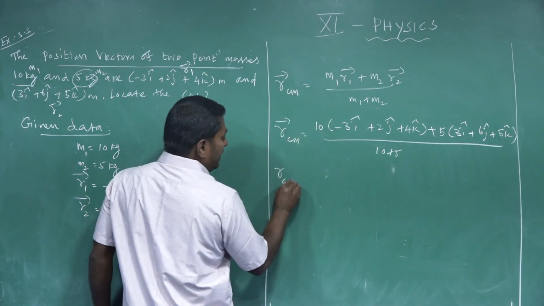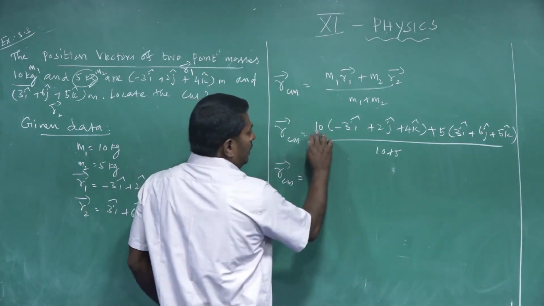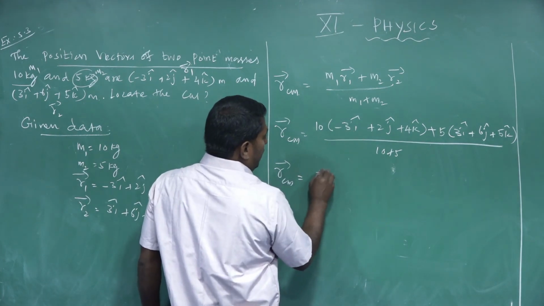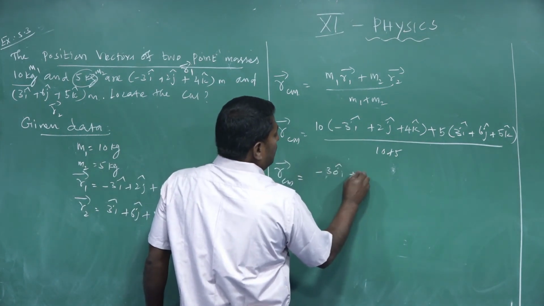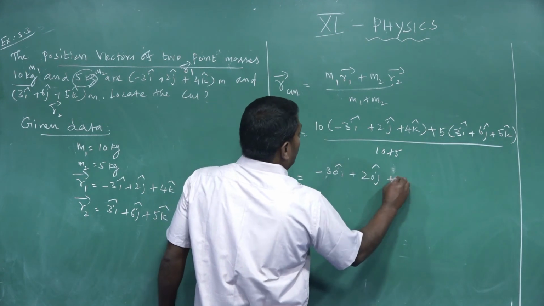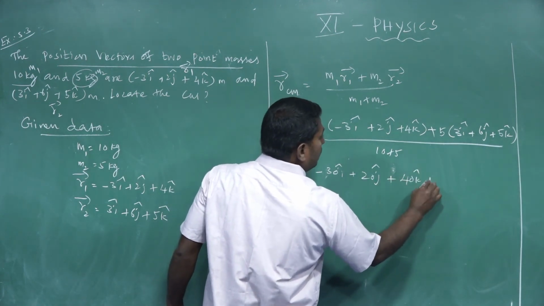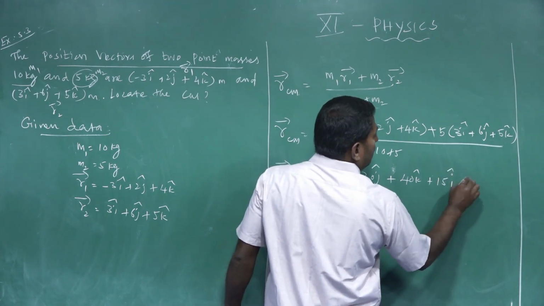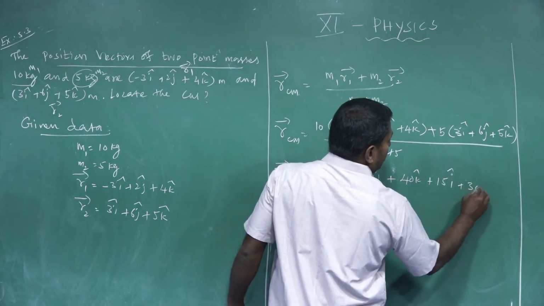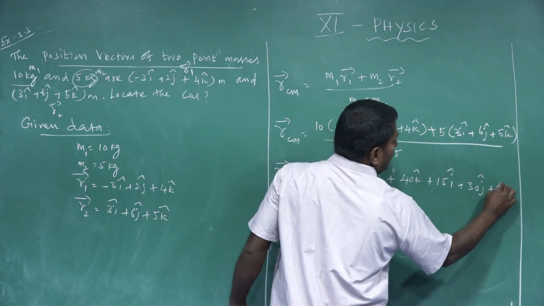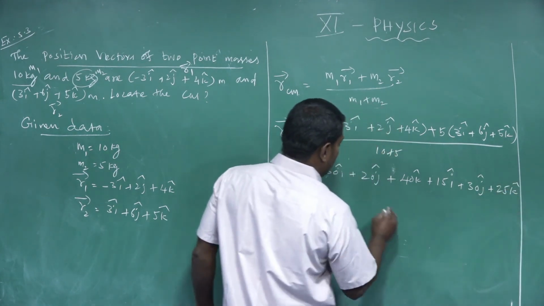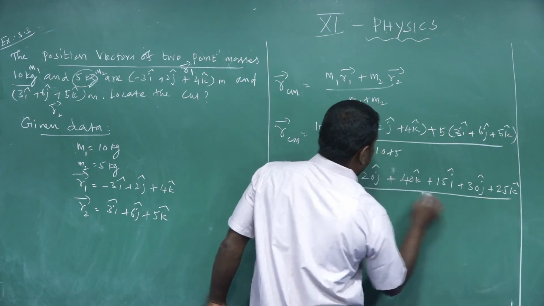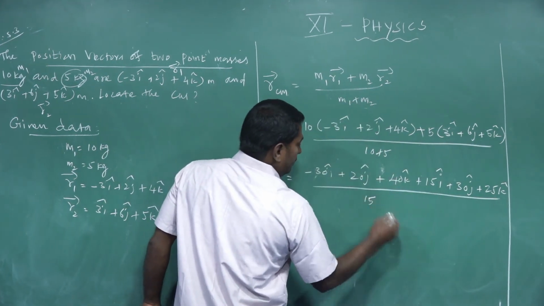So position of center of mass point 10 into 3, minus 30 i cap plus 20 j cap plus 40 k cap plus 15 i cap plus 30 j cap plus 25 k cap divided by 15.